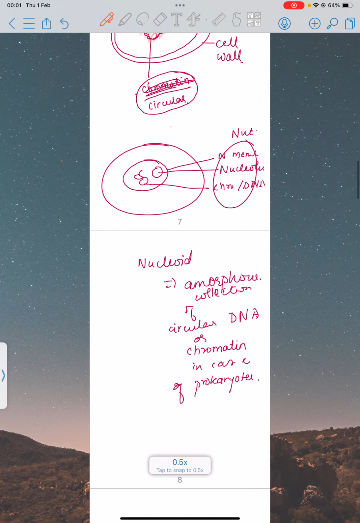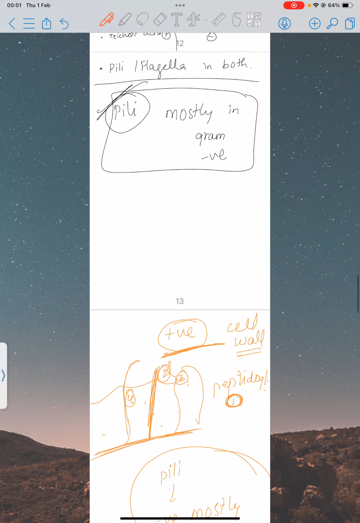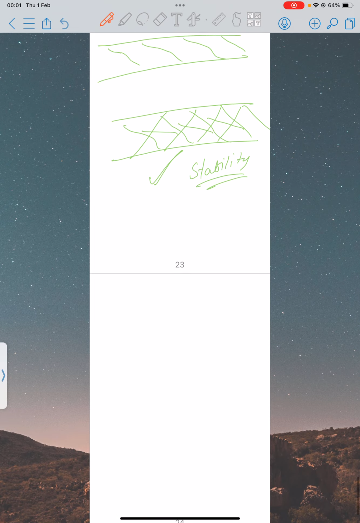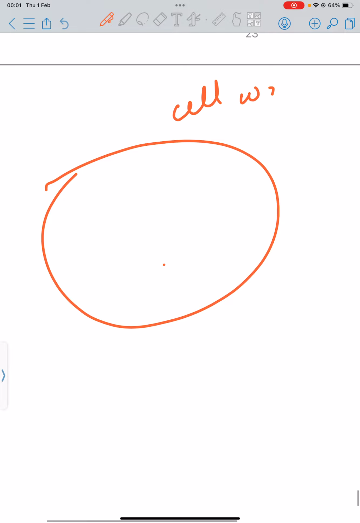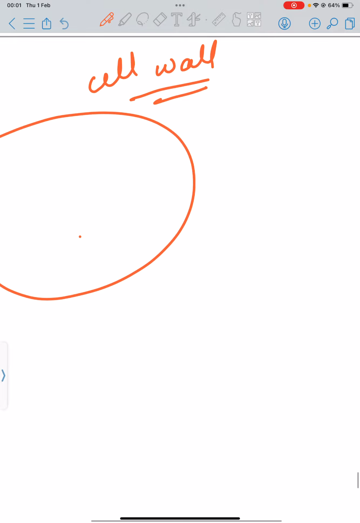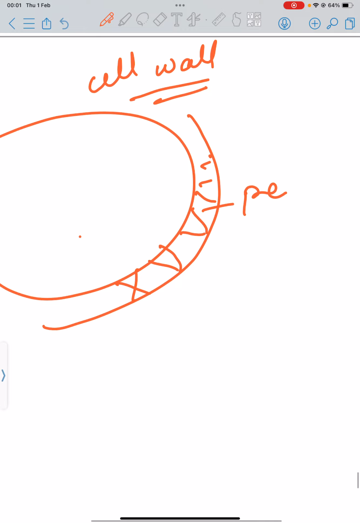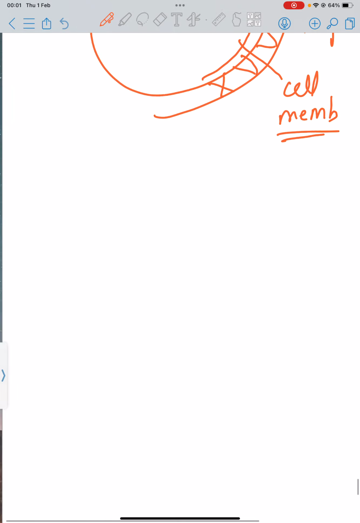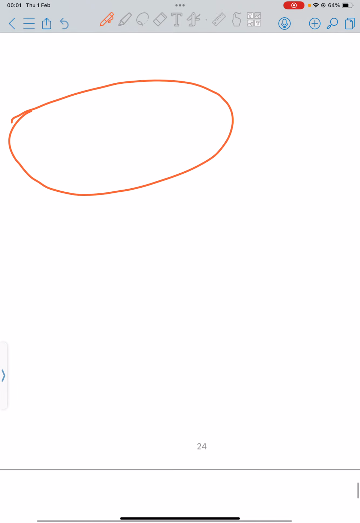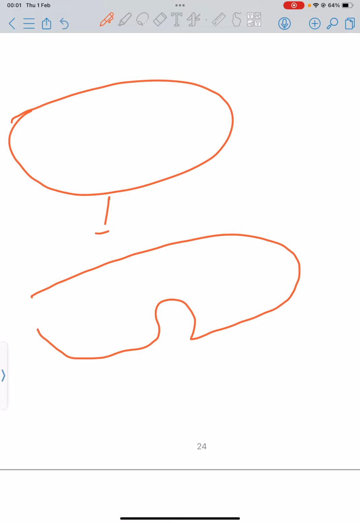So we covered a lot. Now let's go into the structures. Cell wall is done in detail. Cell wall is made up of peptidoglycan. Cell membrane, done. Now I'd like to add something about the cell membrane. Normally we imagine the cell membrane to be like this, but in case of bacteria, cell membranes are invaginated.